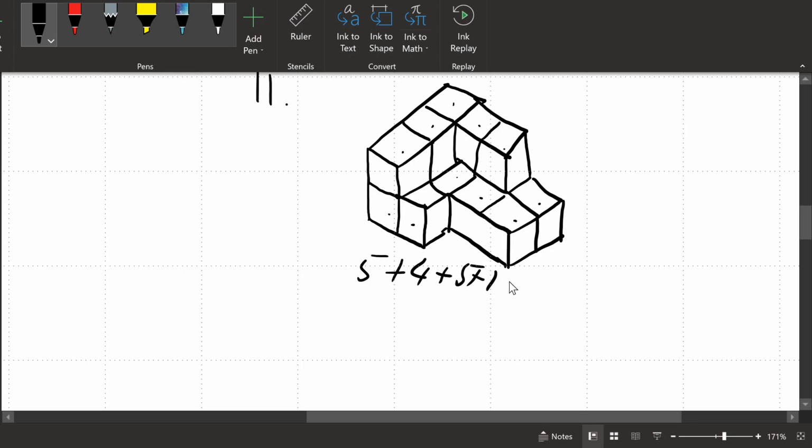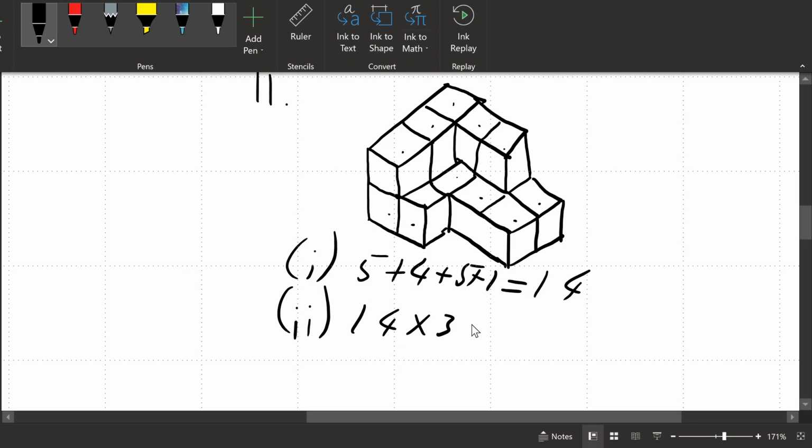So the total number of blocks was 14 blocks. Pretty straightforward. The next question was to find the volume of the stack. Almost all of you were able to reason that there are 14 blocks, but a lot of you went 14 by 3 because it says one of the sides is 3.